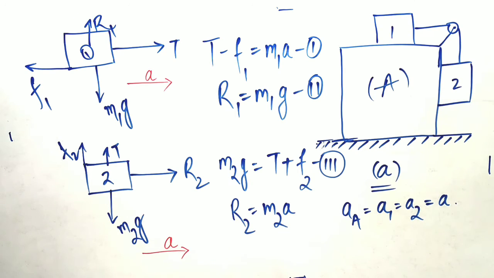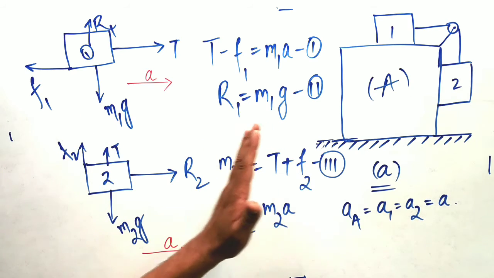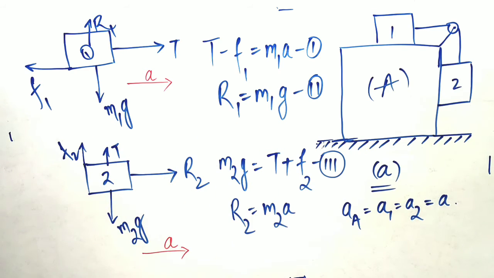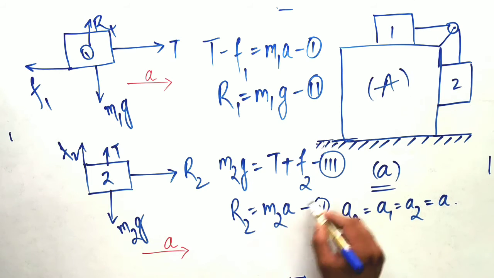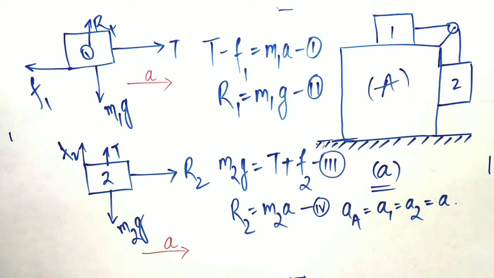The only force responsible for the motion of this body in this direction is R2. So R2 will be equal to mass times acceleration of the block. So this is it as far as the equations are concerned.